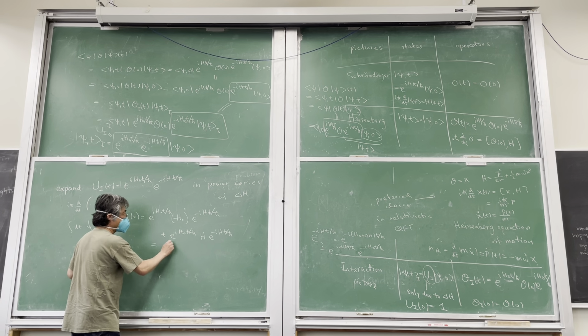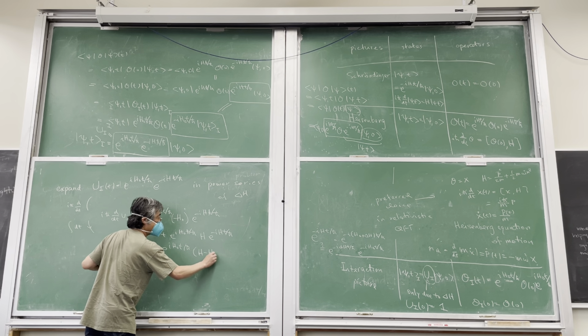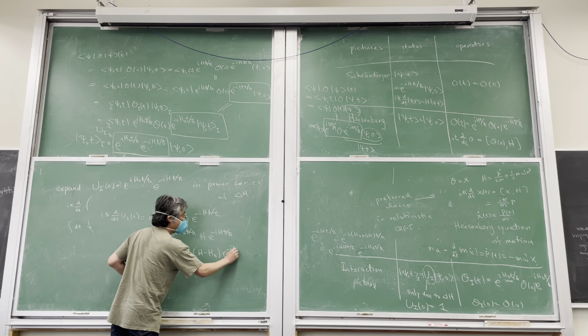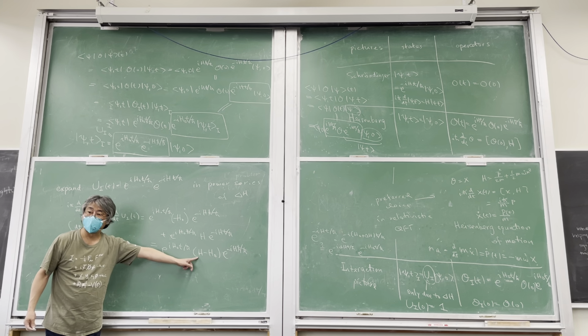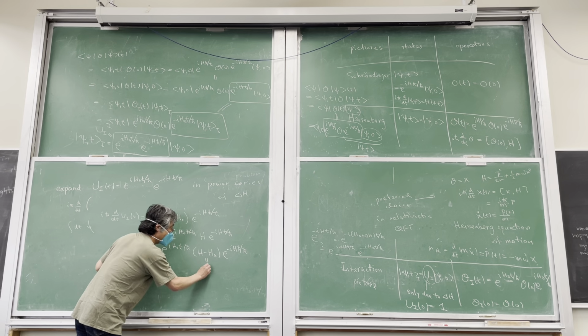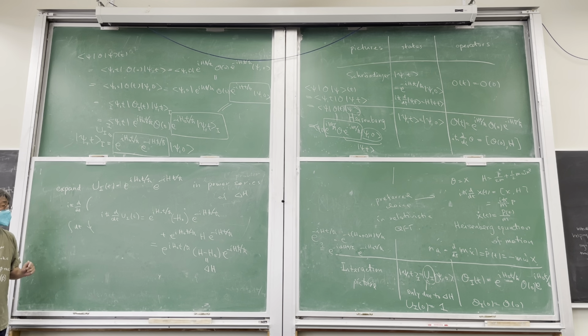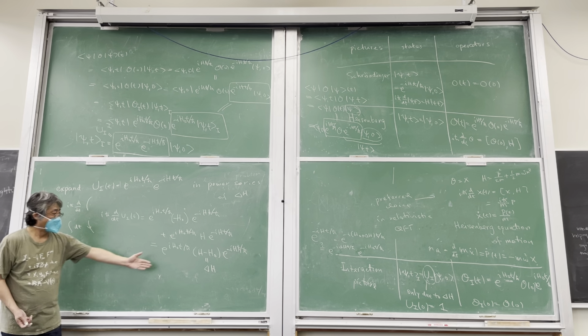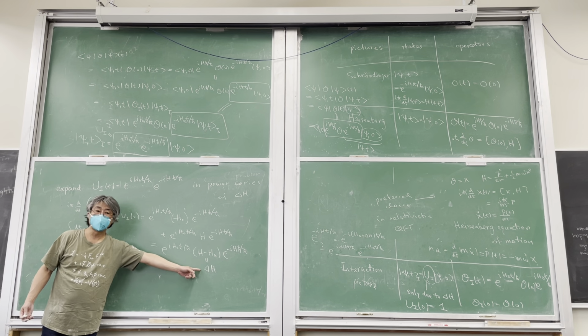But if you combine these two terms together, you find H minus H naught, that's nothing but delta H. So by taking the derivative in time, you now find the expression that manifestly goes to 0 when the perturbation is turned off.